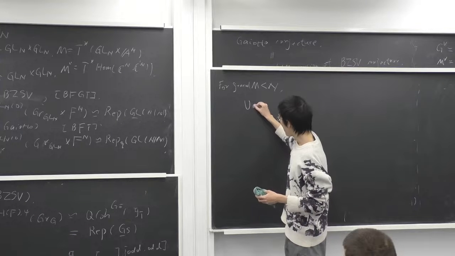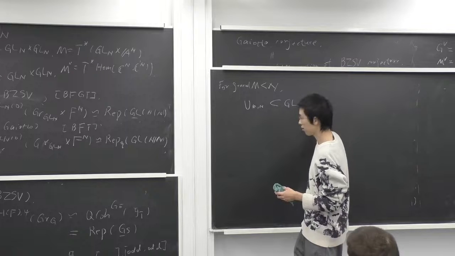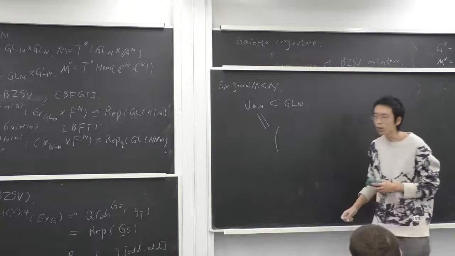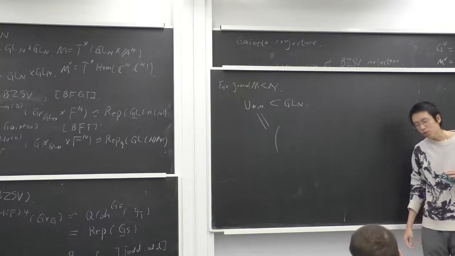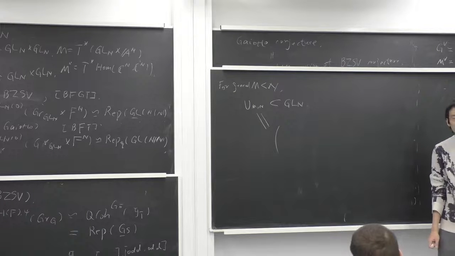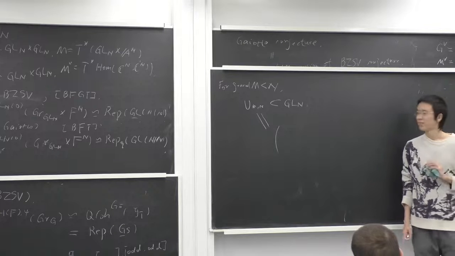We let U_{mn} be a unipotent subgroup in GL(n), which is the unipotent radical of the parabolic subgroup of GL(n) corresponding to the partition (m+1, 1, ..., 1).